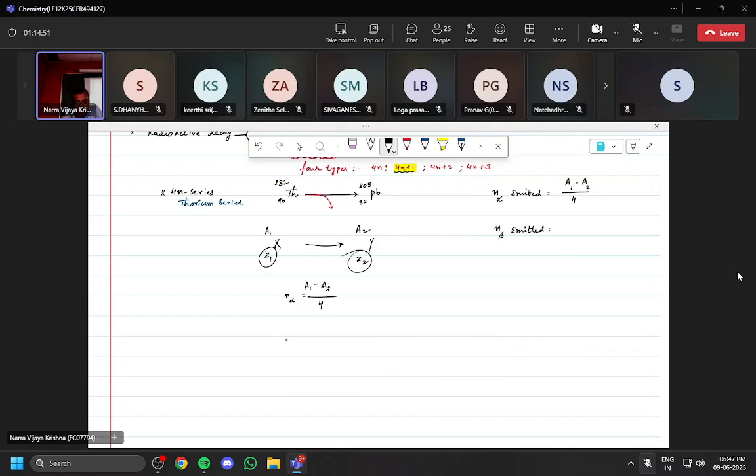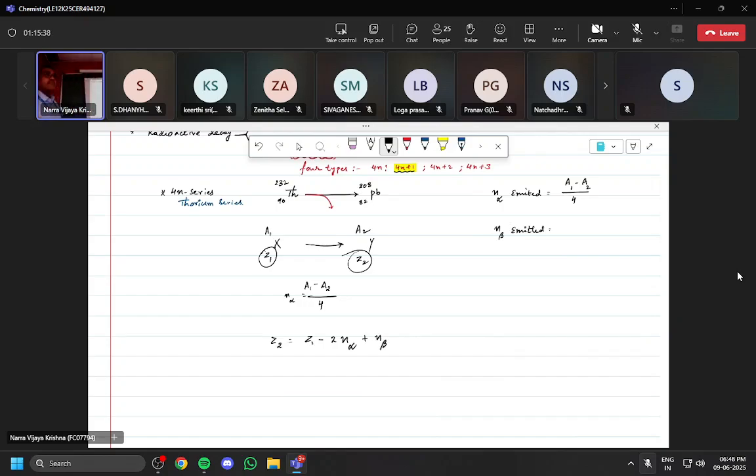So what should Z2 be? Sorry, Z1, one minute. Not plus. Z2 equals Z1 minus 2 times the number of alpha particles emitted, plus the number of beta particles emitted.